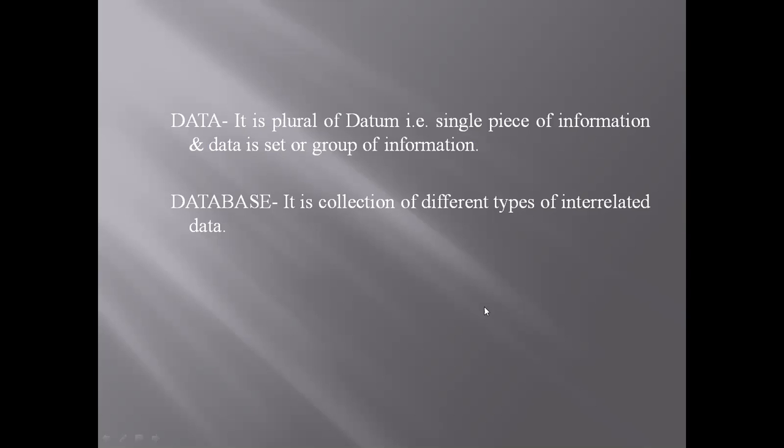Data, what is data? Now we see what is data. Data is the plural of datum, that is a single piece of information, and data is a set or group of information. Also, we can say that data refers to all the single items that are stored in a database, either individually or as a set.